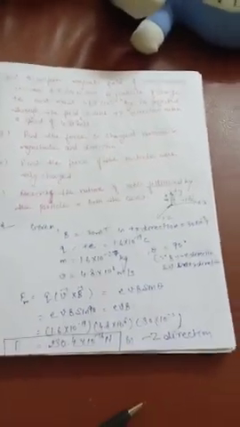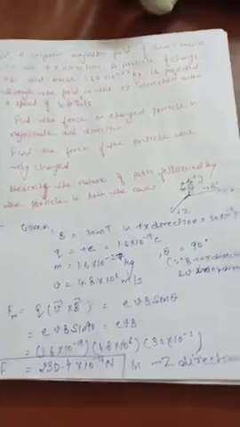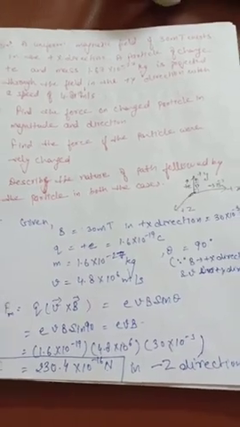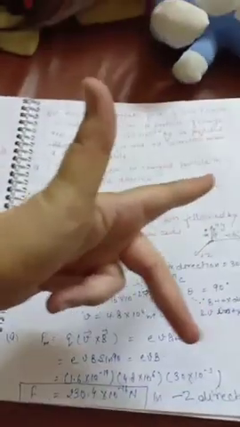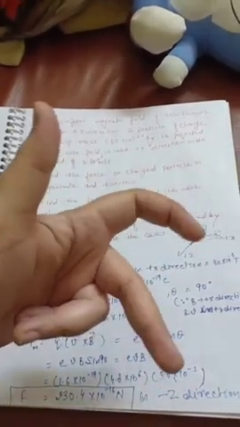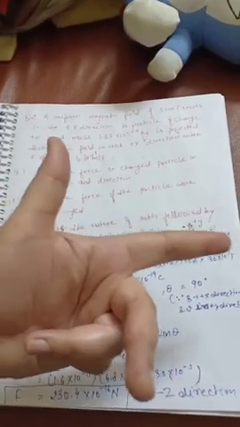And what about the direction? How do we calculate the direction of the force? Again we have to use Fleming's left hand rule to know the direction of the force. We have to stretch our left hand like this. So this is force, this is magnetic field, and this is velocity. The direction of the magnetic field is in this direction and the current is in this direction.